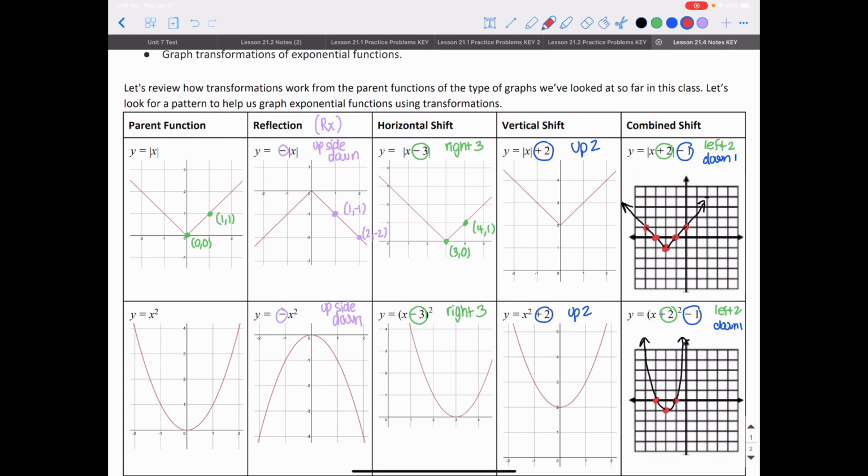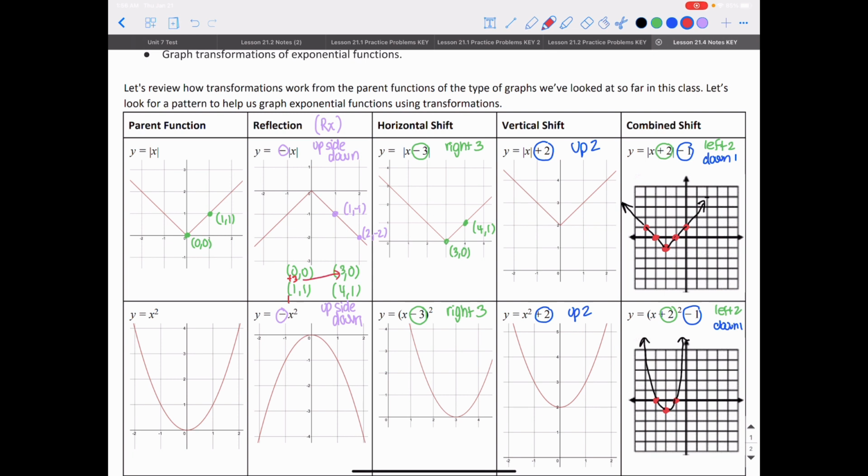What I notice is what I'm doing from these points to these points: (0, 0) and (1, 1) change to (3, 0) and (4, 1). And what I'm actually doing is I'm taking the x values and I'm adding 3.